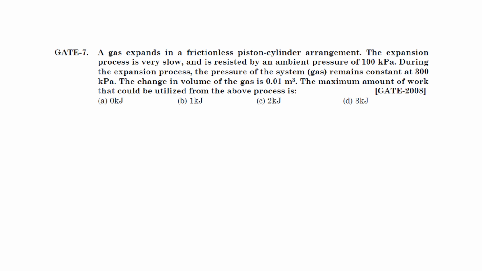Next question. Okay, this question looks bigger, but it's a very simple question. Anyway, we'll read that. A gas expands in a frictionless piston cylinder arrangement. The expansion process is very slow and is resisted by an ambient pressure of 100 kilopascal. During the expansion process, the pressure of the system gas remains constant at 300 kilopascal. The change in volume of gas is 0.01 meter cube.